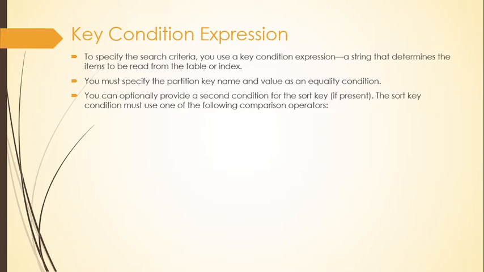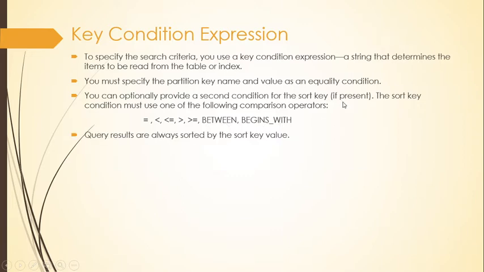The sort key condition must use one of the following comparison operators, like equals to, less than or equal to, greater than or equal to, and some functions like between and begins with. So your partition key is a must, and you can use only an equality condition, but for the sort key you can use any one of the operators, or between or begins with.